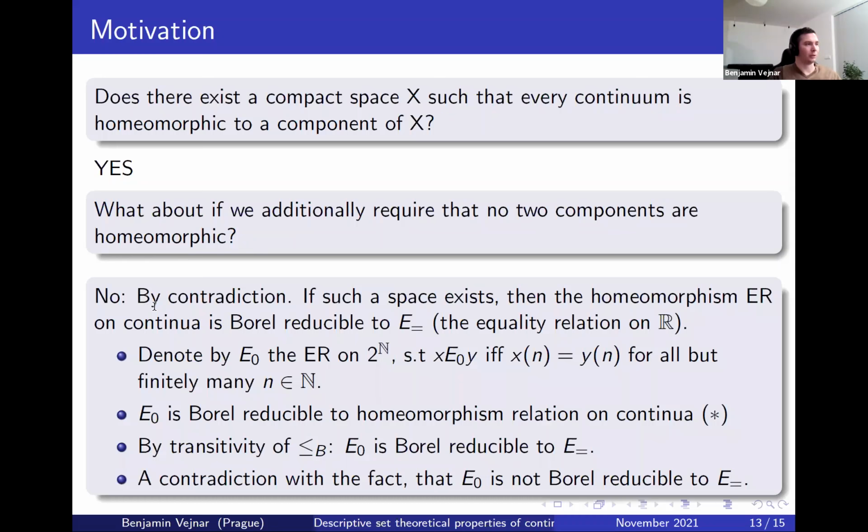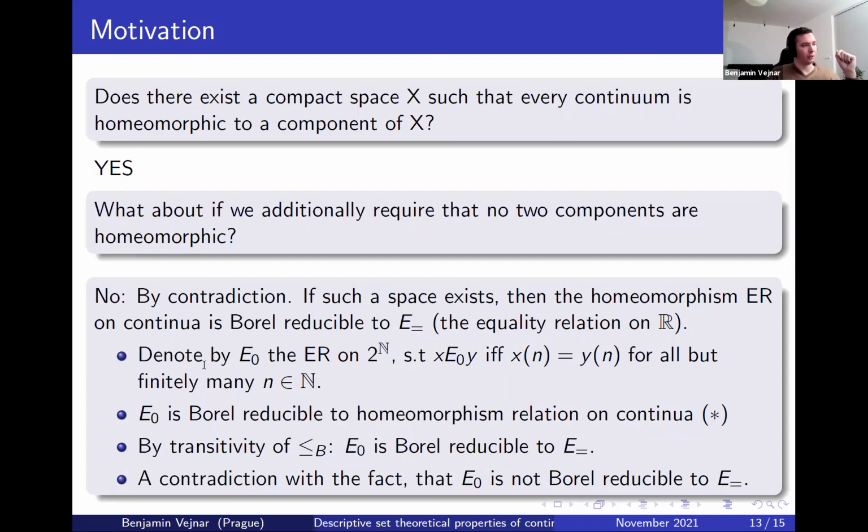So we can proceed by contradiction. If such a space X exists, then we can consider the homeomorphism equivalence relation on continua, and it is in fact Borel reducible to the equality equivalence relation, because if you have these components we already proved that the component equivalence relation will give you a reduction to the equality on reals, right?